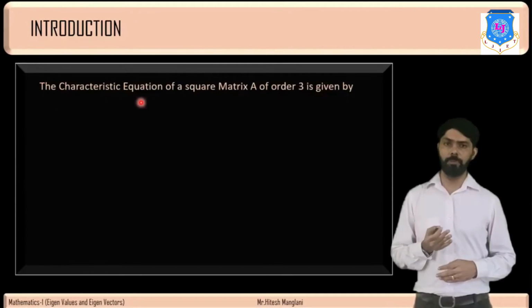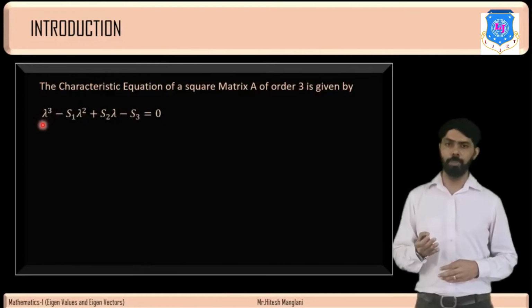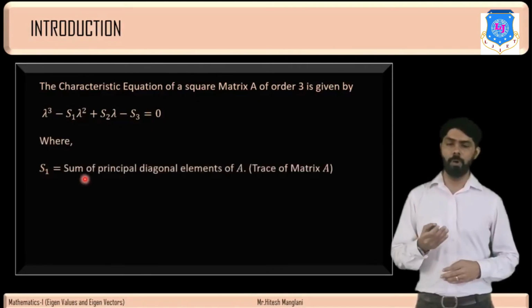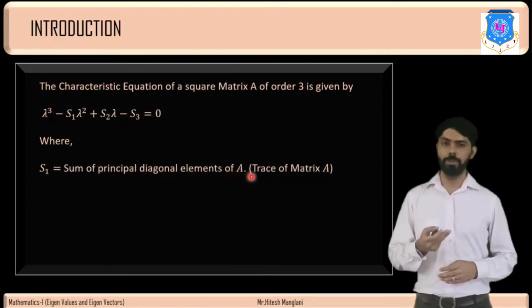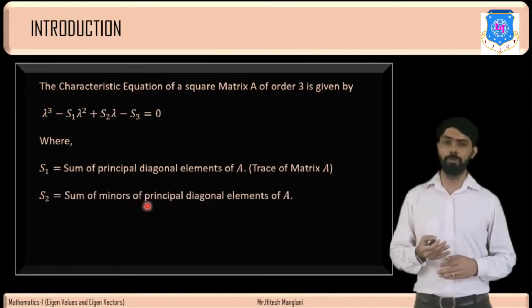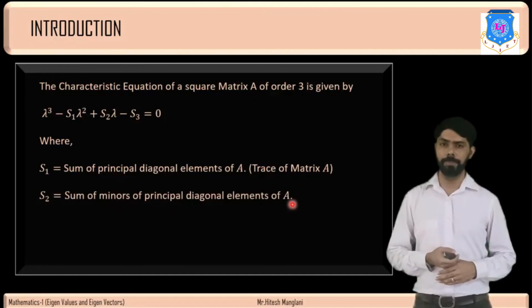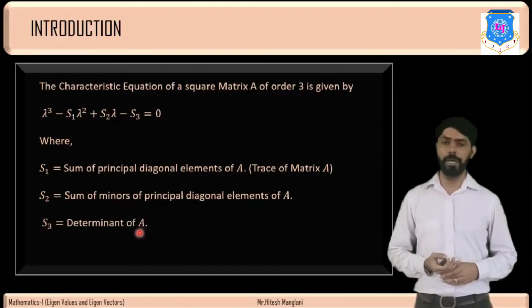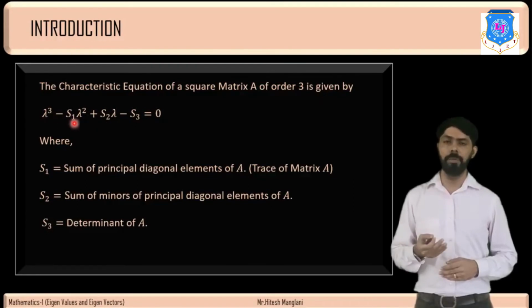The characteristic equation of a square matrix A of order 3 is given by lambda cube minus s1 lambda square plus s2 lambda minus s3 is equal to 0, where s1 is the sum of principal diagonal elements of A, also called the trace of the matrix, s2 is the sum of minors of principal diagonal elements of A, and s3 is the determinant of A. So this is how we can find the characteristic equation of a square matrix of order 3, and using that we can find the eigenvalues of matrix A.